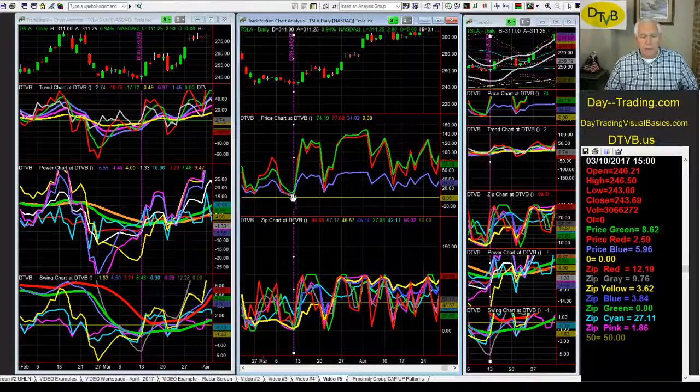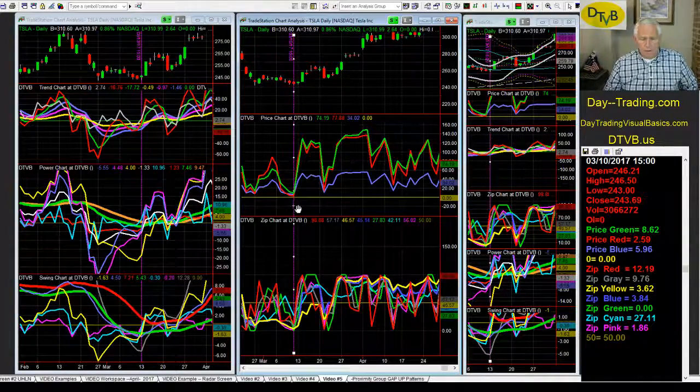And when price red goes under blue, there's a good indication that it's going to go up fairly soon. That price red under blue is not a signal by itself; it's just a supporting piece of evidence that tells us that it can go up soon.